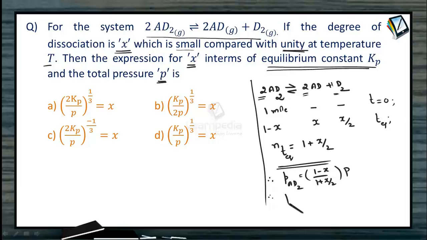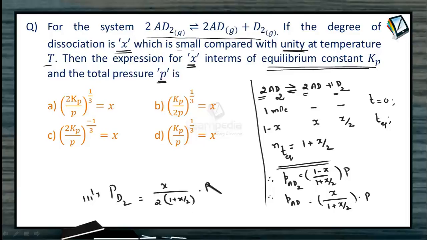Similarly, partial pressure of AD, what is the mole fraction of it? X by 1 plus X by 2 into P. Similarly, for D2, partial pressure can be written as X by 2 by 1 plus X by 2 into total pressure P. So these are the partial pressures. Now let us substitute in the equilibrium constant expression Kp.